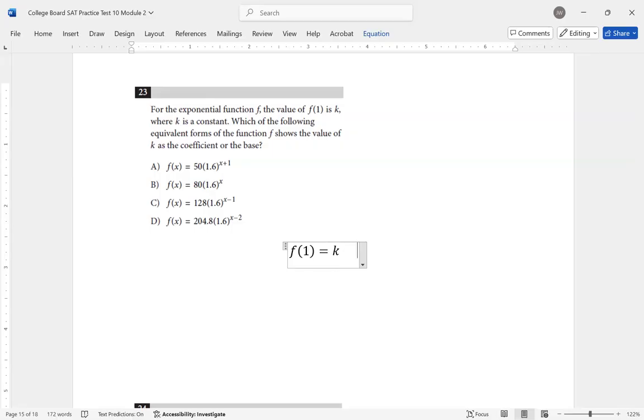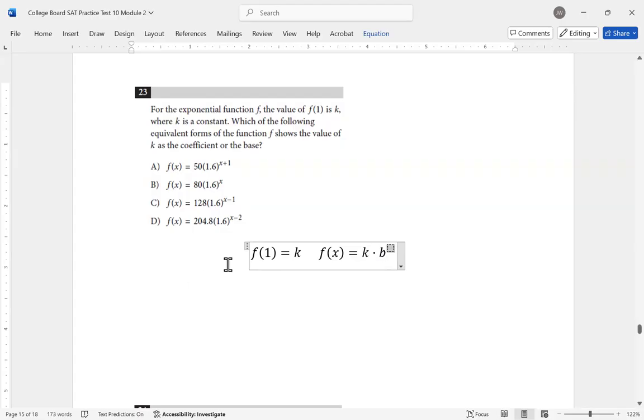But we know that any exponential function we have is going to look like a times b to some power. And if I want this k to be the coefficient, I want it to look like k times b to a power.